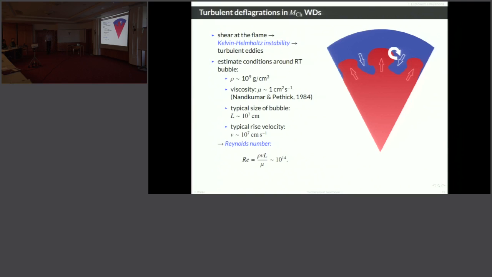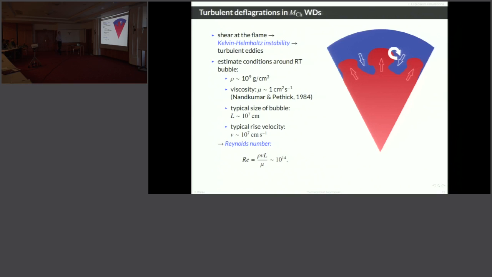One can estimate the conditions around such a Rayleigh-Taylor bubble. So let's say we have typically a density of 10^9 grams per cubic centimeter. The viscosity of white dwarf material is about 1 square centimeter per second, and a typical size of such a Rayleigh-Taylor bubble is on the order of 10^7 centimeters or so.